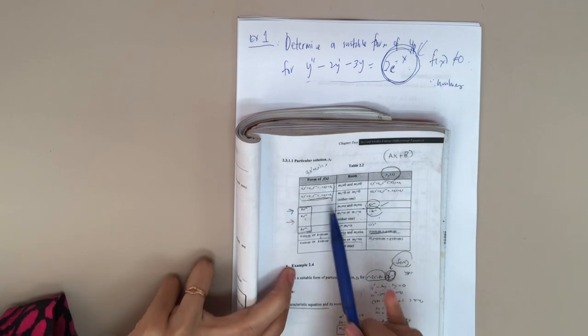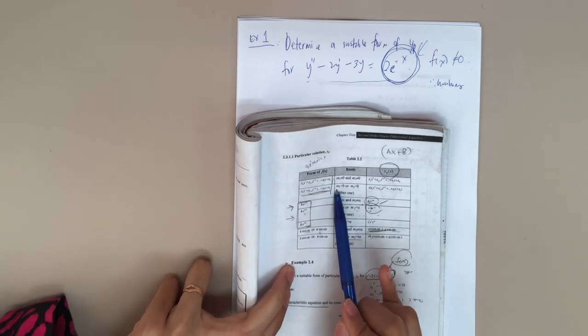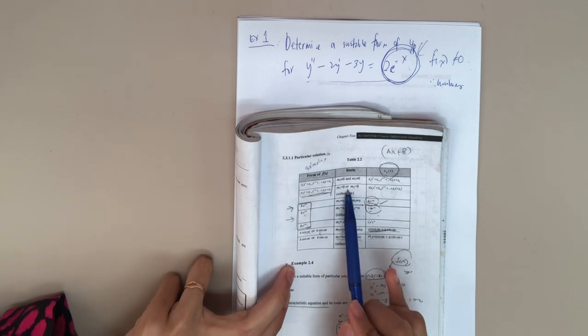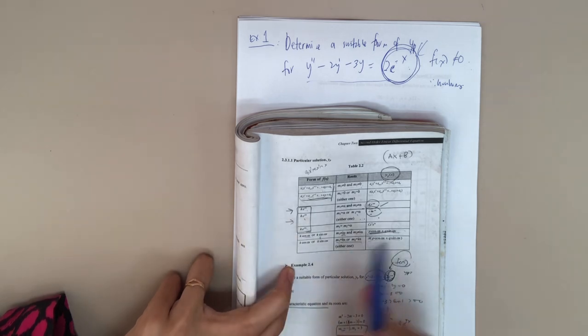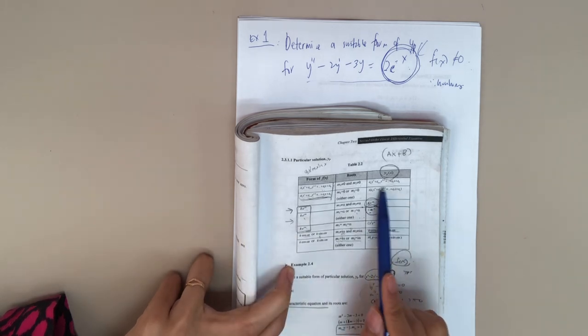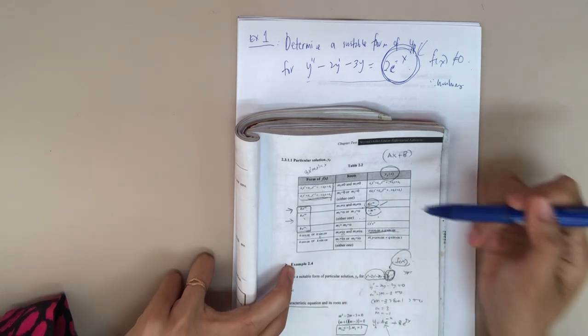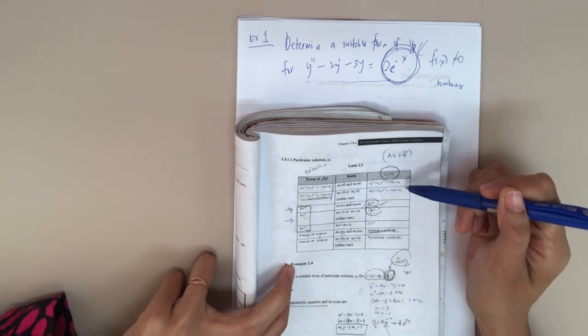But if your m1 is equal to 0, or m2, meaning one of them is equal to 0, you need to use this other one as your YP. It is different, so you can refer to your slides more clearly.